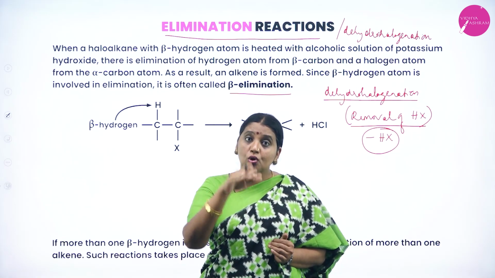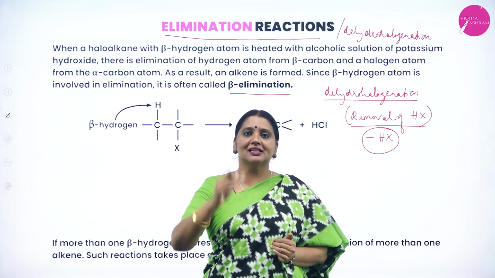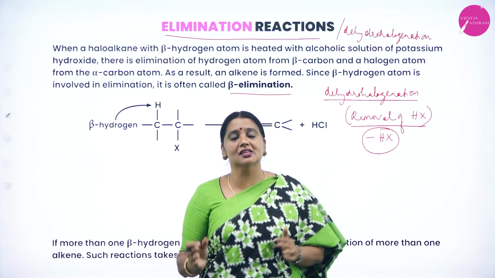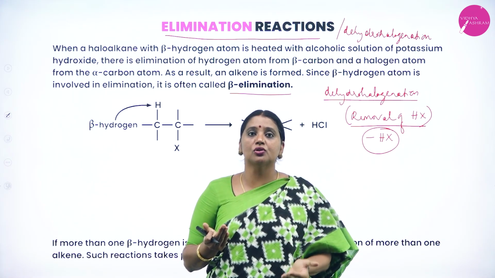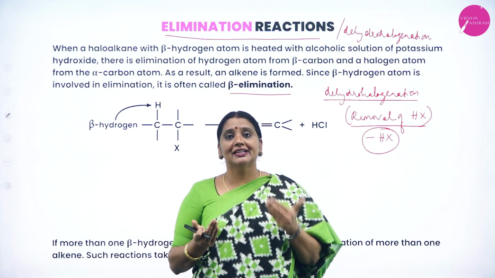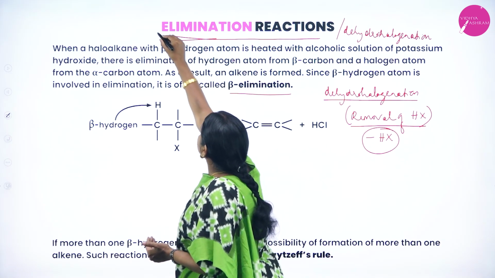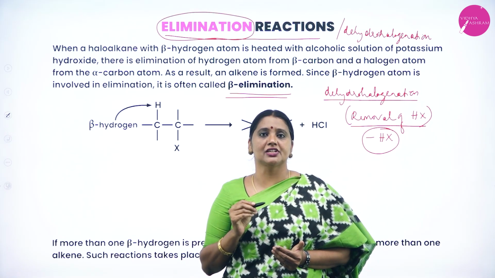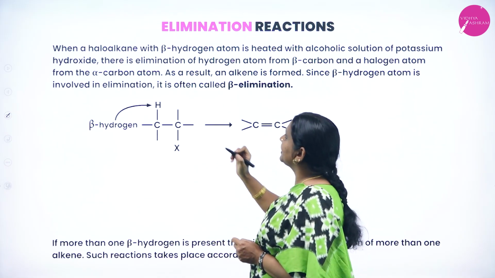What is dehydrogenation? Removal of hydrogen. Similarly, dehydrohalogenation means removal of hydrogen and halogen. It is also called elimination reaction, as well as beta elimination. It can be done by heating.